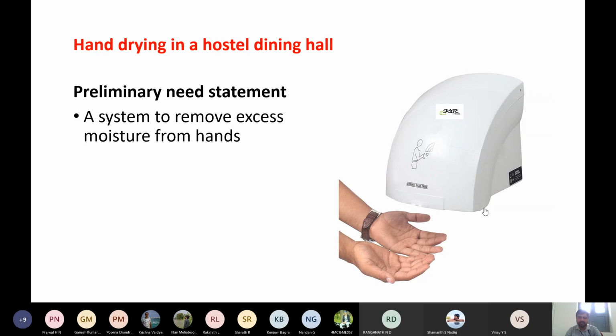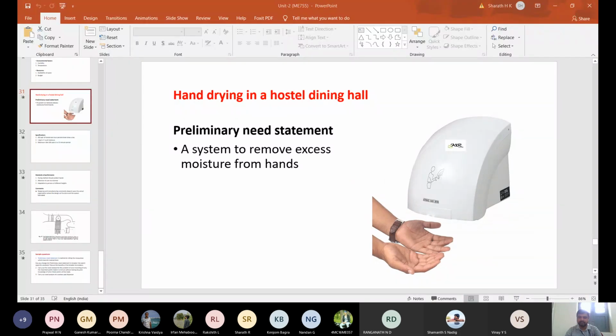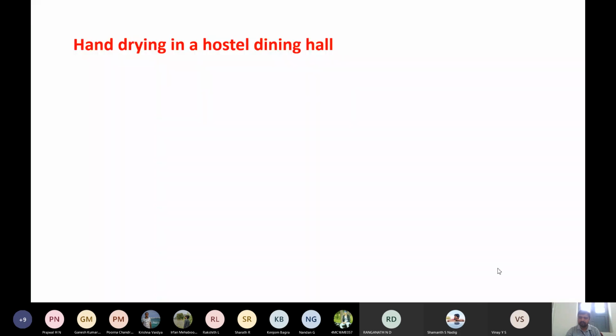Okay, specifications. What are the specifications required for this hand dryer?